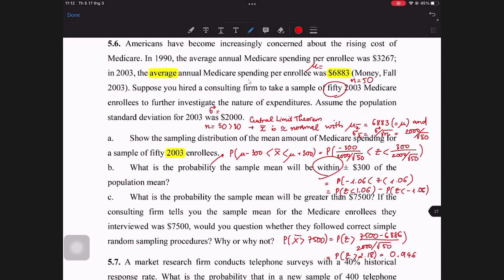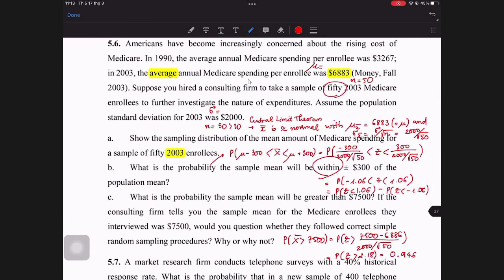Okay, now so the probability that the sample mean will be greater or equal to 7,500 here is equal to 1%. So it is very, very unlikely that the sample mean will be equal to 7,500 or greater. But if the consulting firm tells you that the sample mean for the sample that they select is actually equal to 7,500, would you question whether they follow correct simple random sampling?